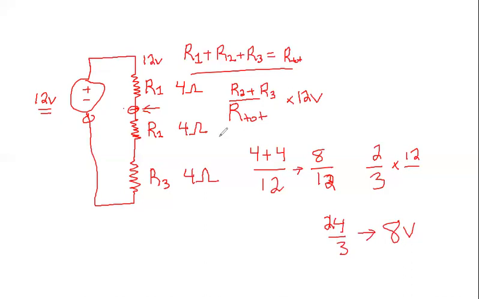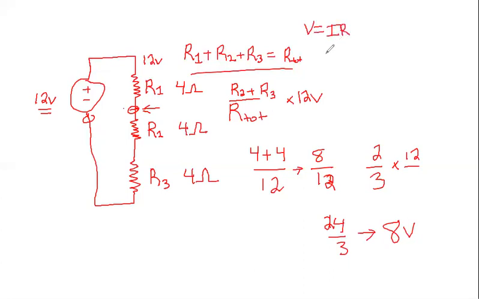This will be true no matter what value. This formula right here will be true no matter what value of R1, R2, and R3 you put in. And we can see it also follows Ohm's law, or V equals IR.